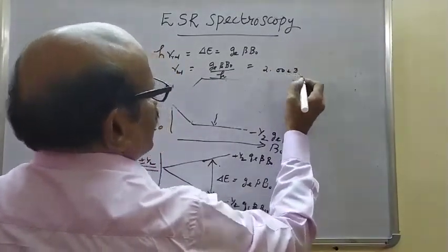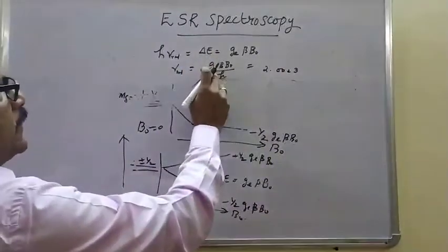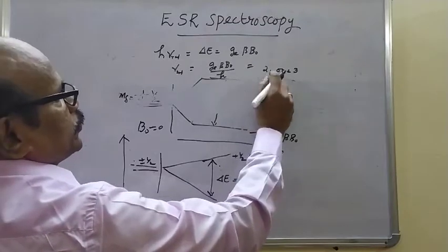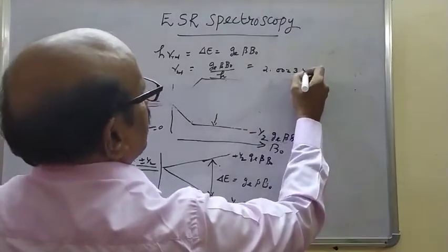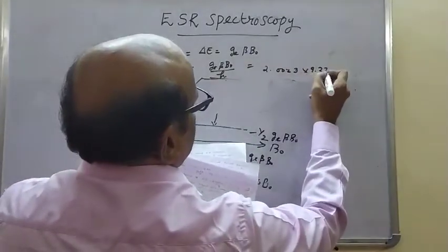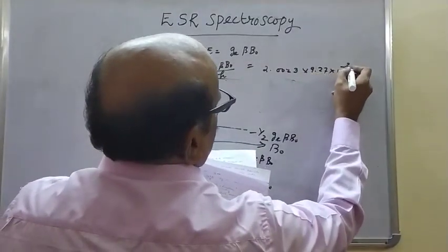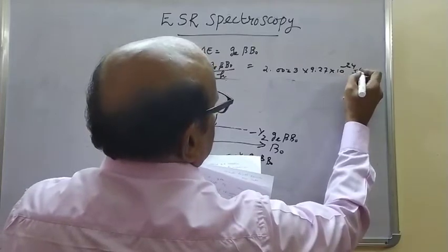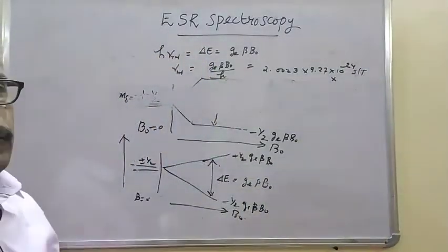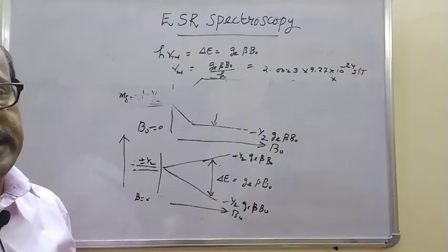The electron g value is 2.0023 for a free electron, and beta, the Bohr magneton, is 9.27 into 10 raised to minus 24 joule per Tesla. B0, the external magnetic field, is usually applied in the range of 0.3 to 0.4 Tesla.